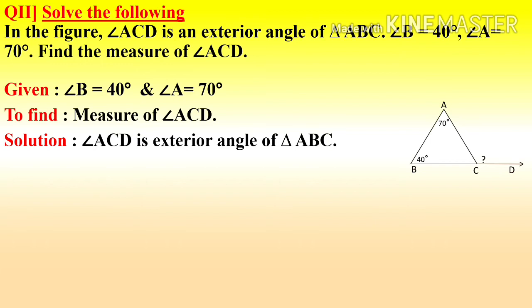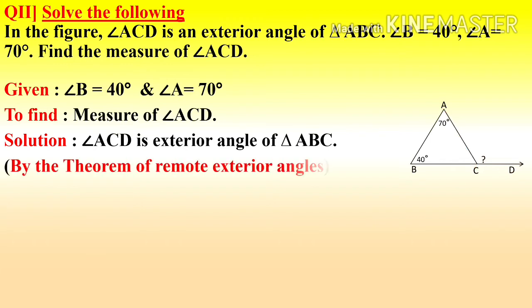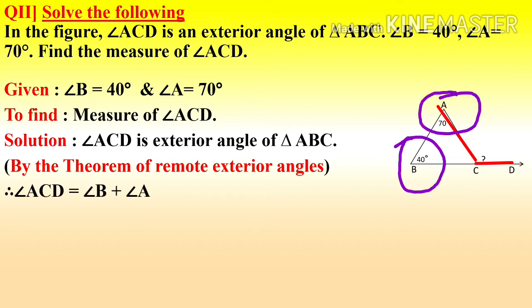Angle ACD is exterior angle of triangle ABC. Now, by the theorem of remote interior angles, here we get: therefore angle ACD equal to angle A plus angle B, because angle A and angle B are remote interior angles of angle ACD.